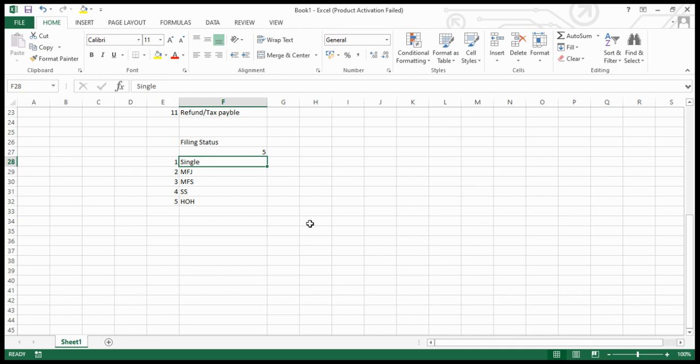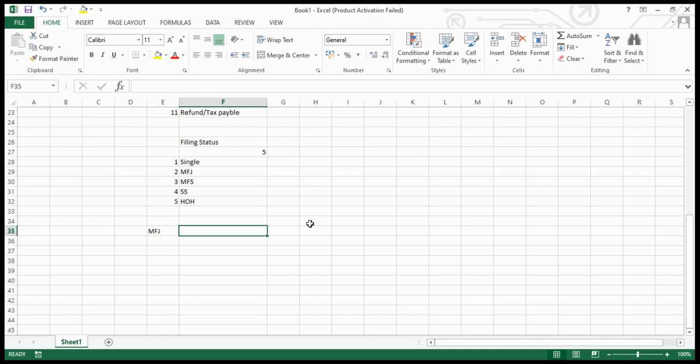He can choose based on the criteria. Basically, he should choose MFJ only. If they have filed for separation or something, then they may go for MFS. First I will cover MFJ. Married filing jointly means that the taxpayer should be married, then he gets the status of MFJ. That is the first simple criteria.